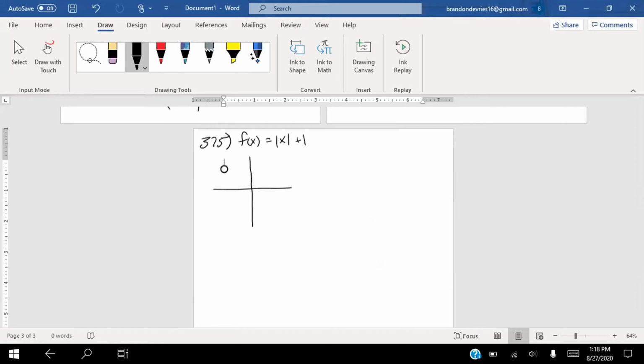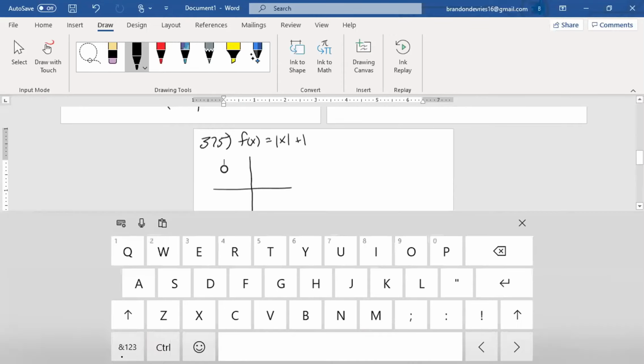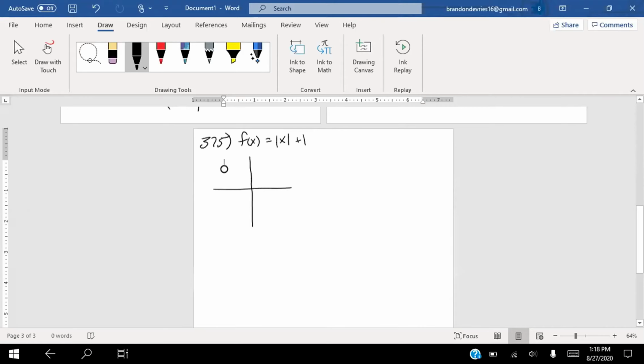So if we plug in -2, it'll go back 1, 2. And then what does the equation equal? The absolute value of -2 plus 1. Yeah, it would be 3. So is the absolute value of -2 just 2?